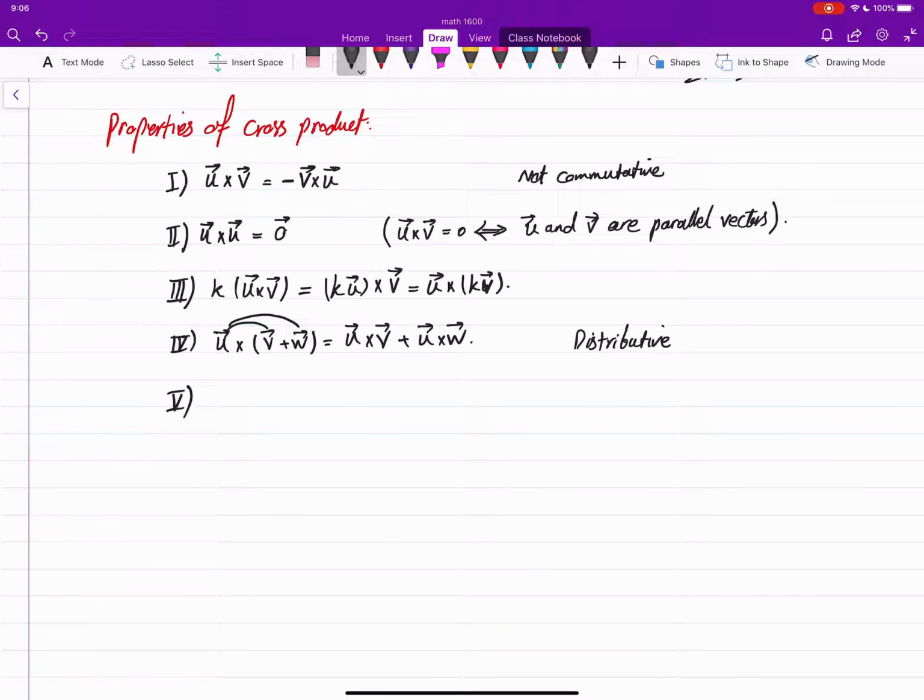How about the dot product? Well, you have u dot v cross w. Note that v cross w is a vector, and you can find the dot product of two vectors. This is a nice thing to have. It's kind of cyclic. So you can combine the cross product and the dot product. This is the property.